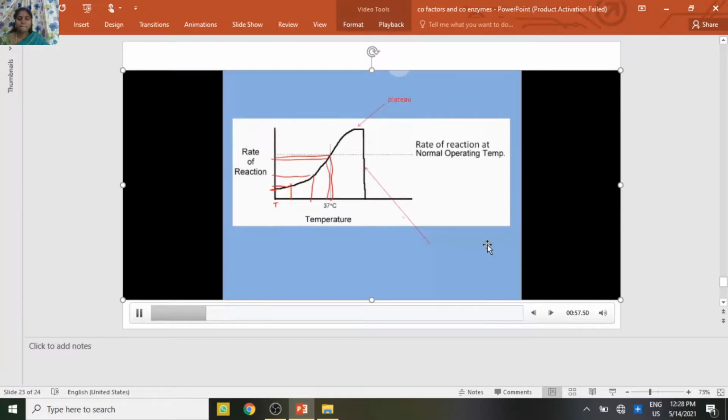Now, if you increase body temperature, the rate of reaction will continue to increase, but not for very many more degrees. And eventually, you'll reach a very short plateau where even if you continue increasing the temperature, the rate of reaction will not increase, and then very abruptly, the rate of reaction drops off to zero.